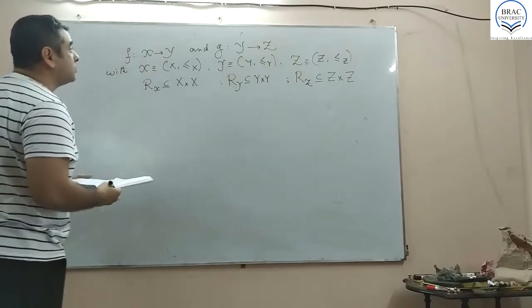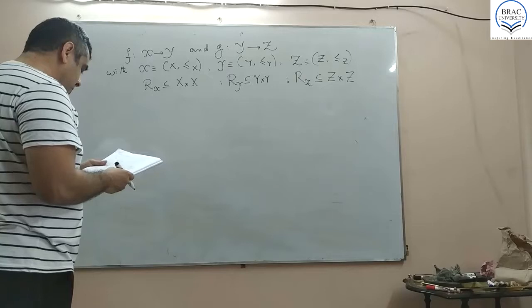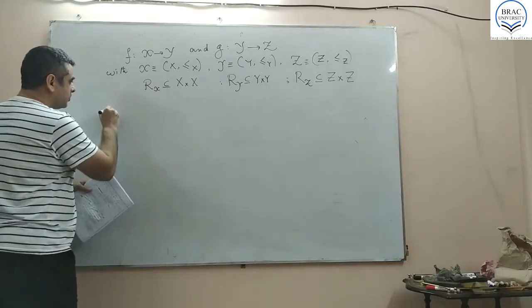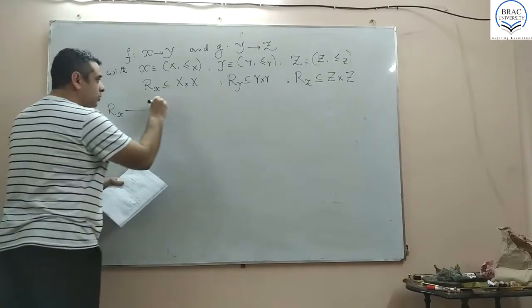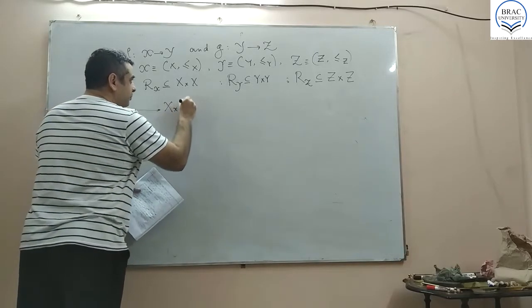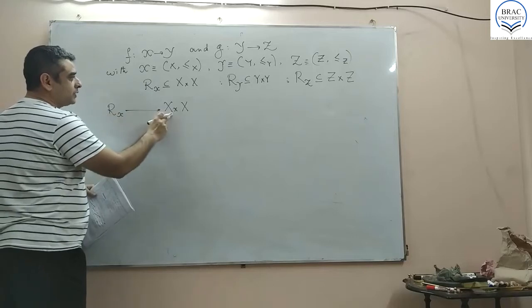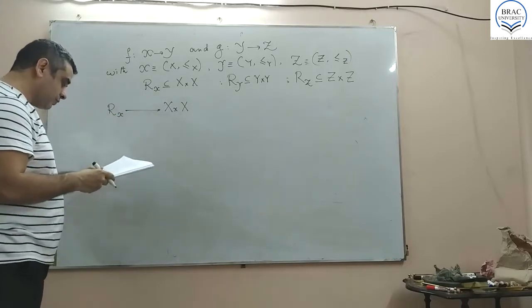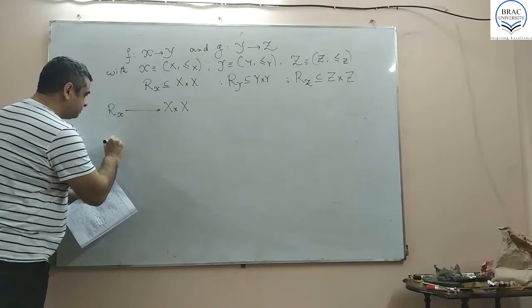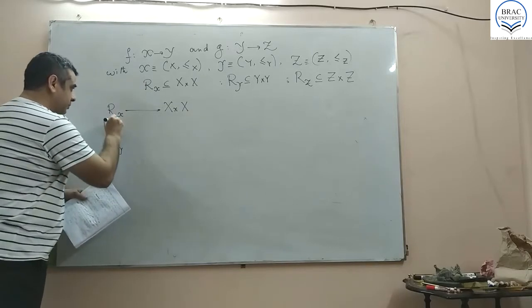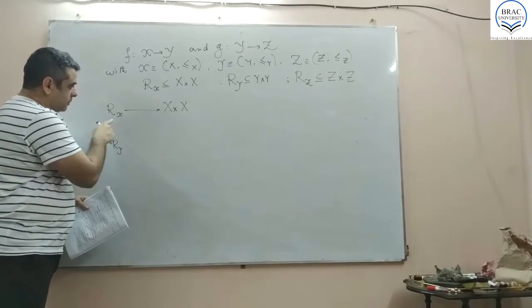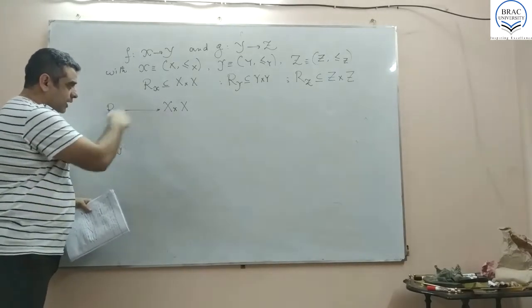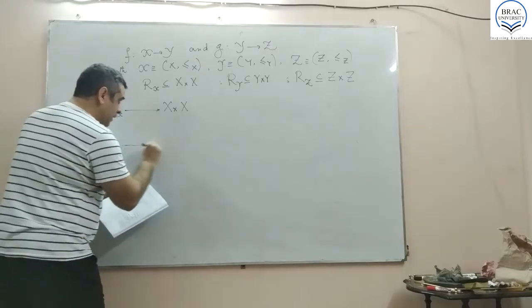Now, using the same diagram we were discussing earlier, this is the commutative diagram. This is the usual inclusion map, since R sub X is a subset of X cross X. We showed earlier that there exists a unique map from R sub X to R sub Y so that this diagram commutes.